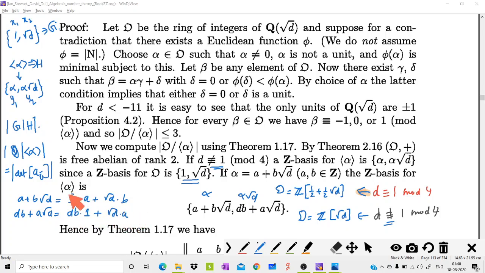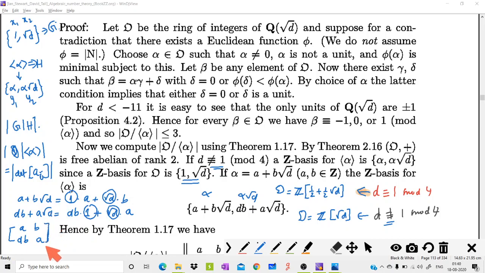So this constitutes the transition matrix, with the basis 1, root d. Then the transition matrix will be the matrix a b, d b a. This will be the transition matrix.